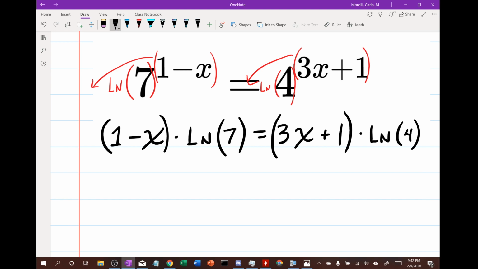Okay, so to get these things together, this is a really interesting problem.